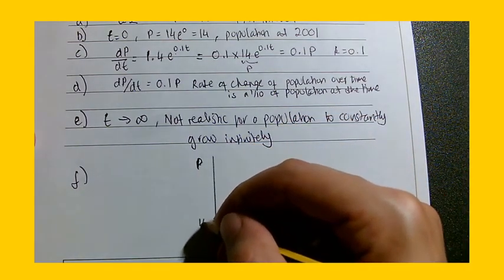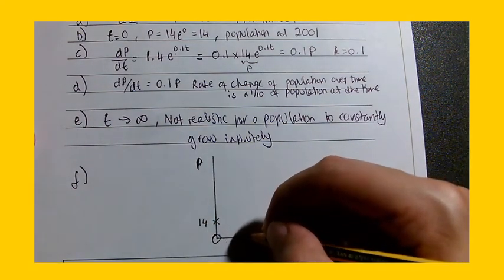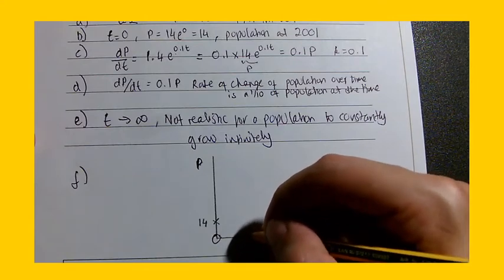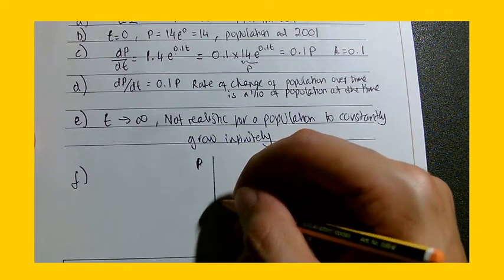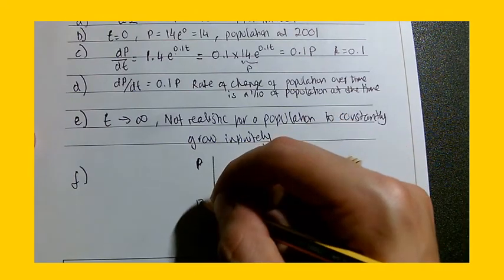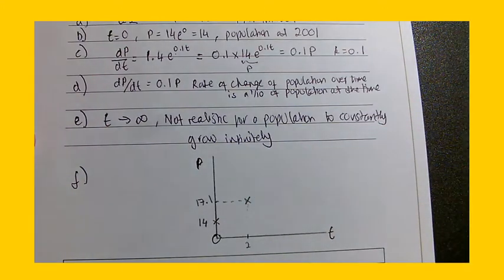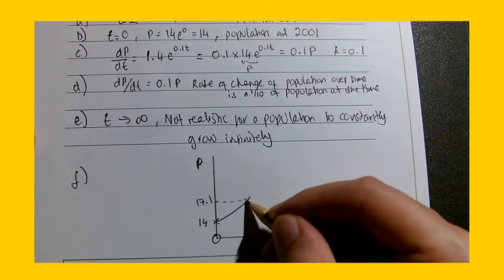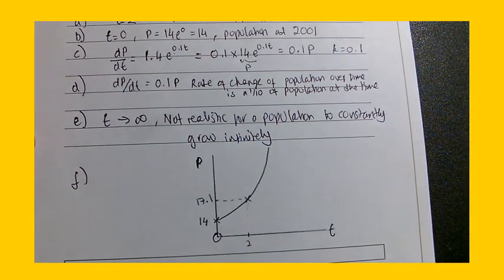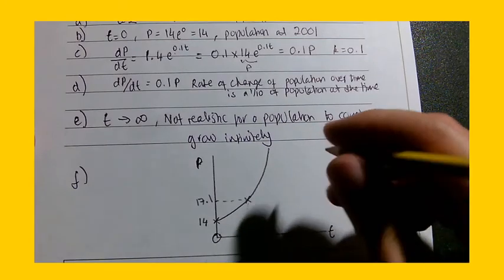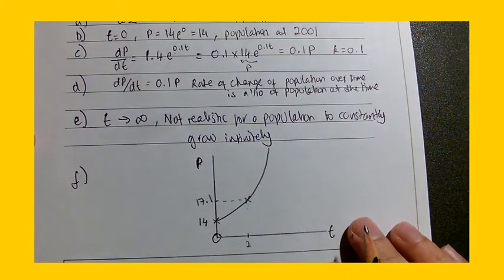Now we know this is a growth graph, so P is 14. And 2 years later, in 2003, it was at 17.1 million. So we can have our exponential graph like that, or something similar.